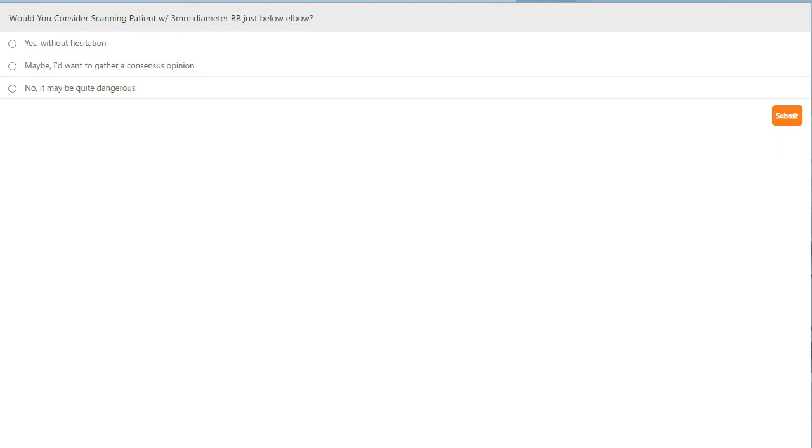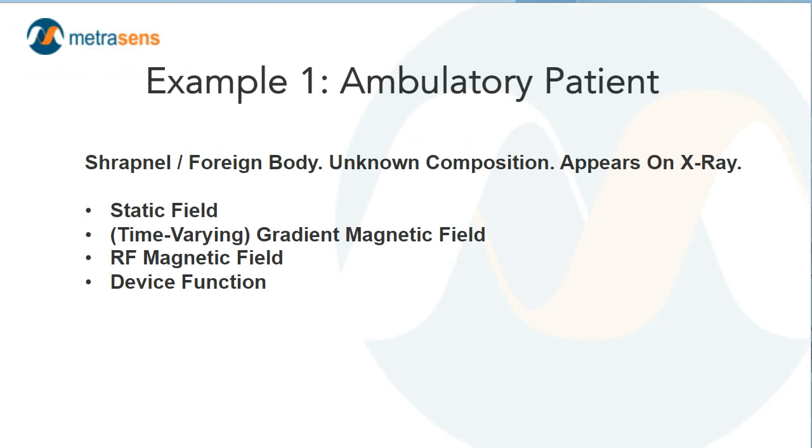So taking our BB example, let's actually run through a quick assessment. So collecting the information about the patient, about the subject, is the first piece of this. The second piece of it is putting that information into use.